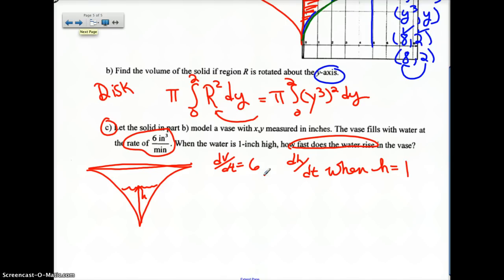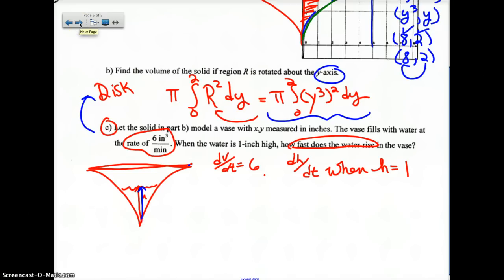So I've got to take the volume's rate of change to help me find the rate of change of the height. As with all related rates problems, we need a formula for the volume. Well, we did it in part B, and it was pretty straightforward. However, that was for a fixed height, and here I have an unknown height that's changing over time, so the volume is changing and the height is changing.